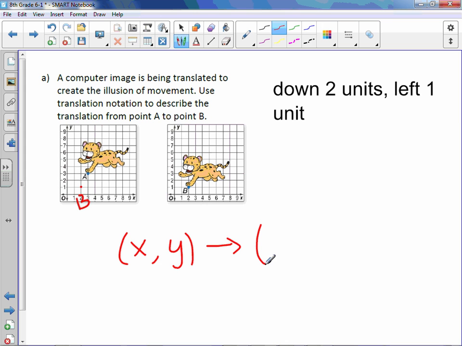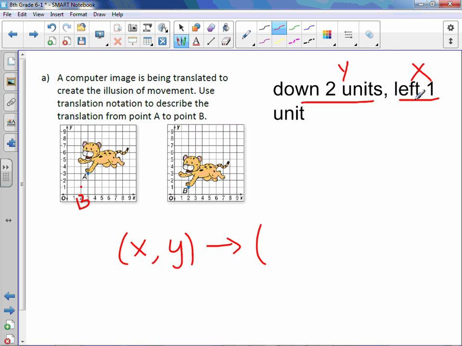Okay, here's where it gets a little tricky. This arrow represents that a transformation occurred, so it's very important. Make sure you put that arrow in there. And it went down 2 units, that refers to y, and left 1 unit, which refers to x. Because remember, x is your left and right, y goes up and down.